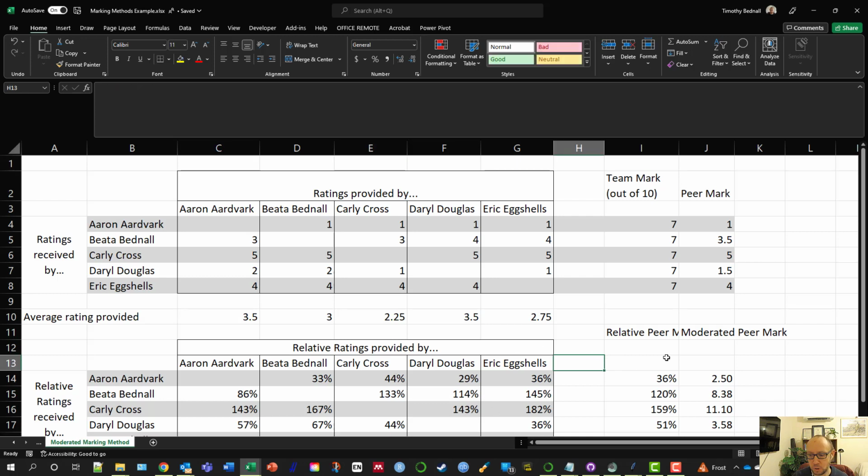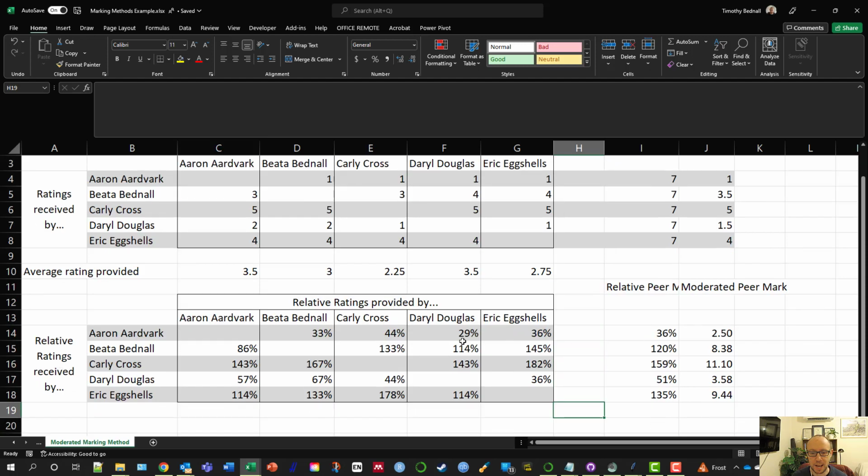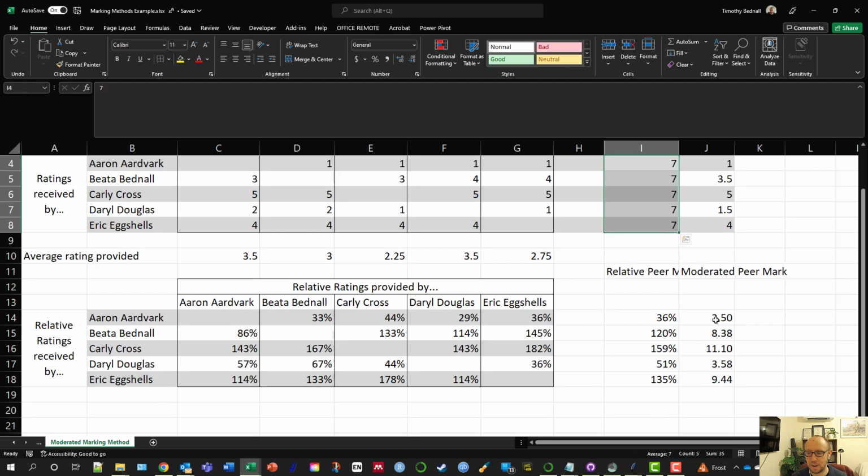And then what we do to work out the moderated mark is, just like before, we take each person's average mark. So 36% for Aaron, 120% for Beata, 159% for Carly. We take those average marks based on the relative ratings, and then we multiply them by the team mark to get the person's final moderated mark.